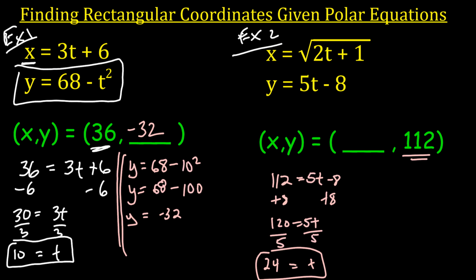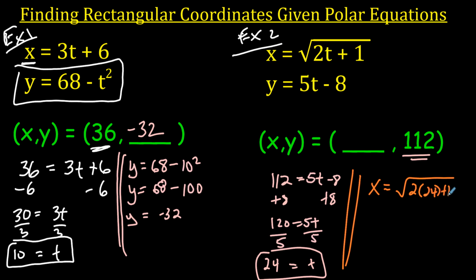So what's the x value? Well, let's figure that out. x is going to equal the square root of 2 times 24 plus 1.